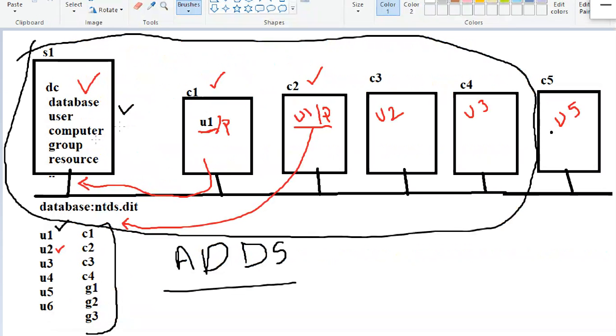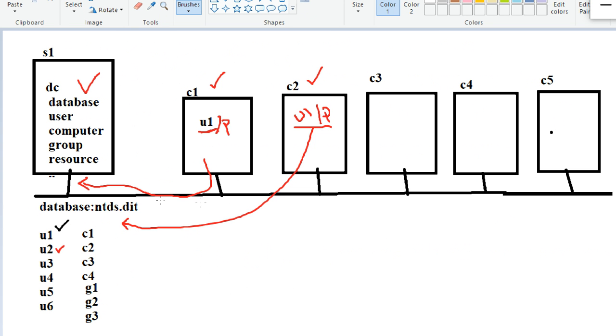Next, I already told you. For example, I have a printer in the network. This printer is connected to a network. Now all these PCs should be configured, right?